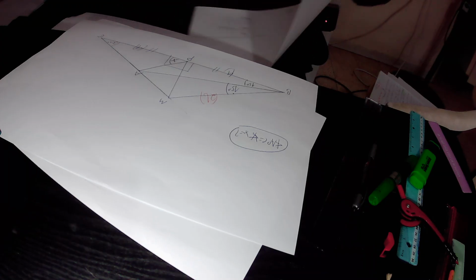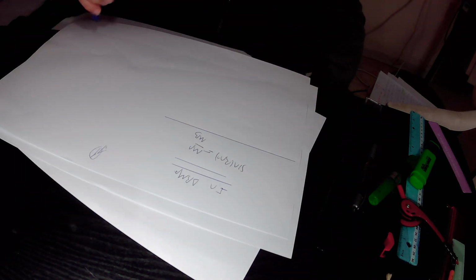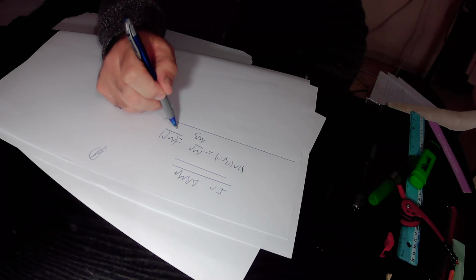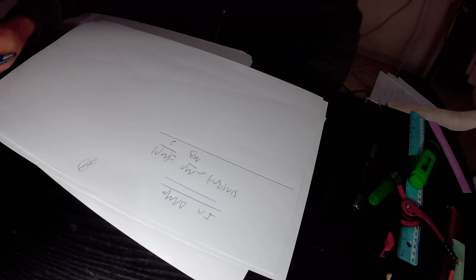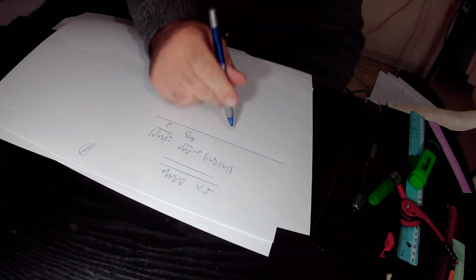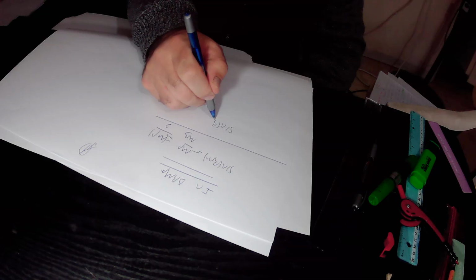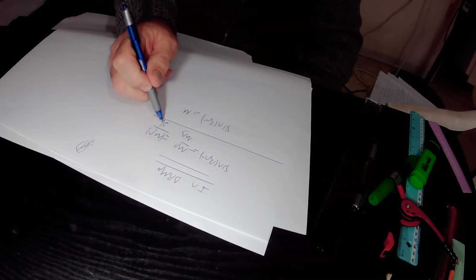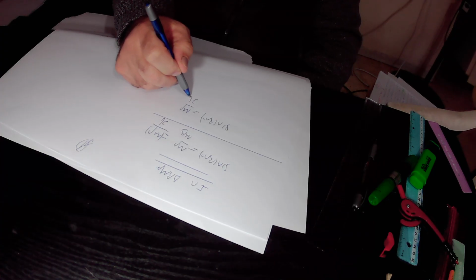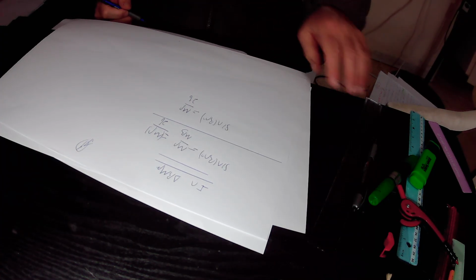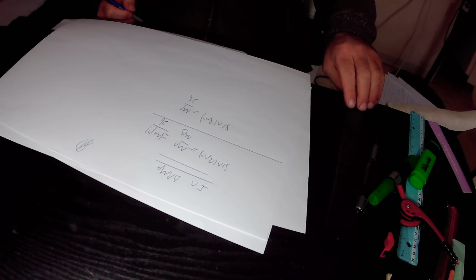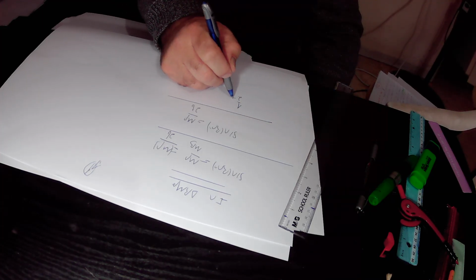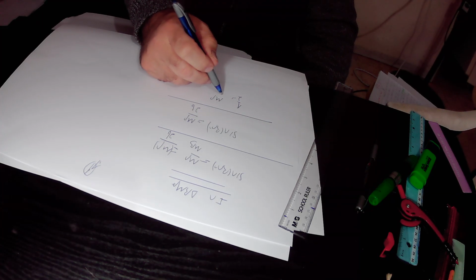So sine of 30 degrees equals MP over MB. MB is 2B. So in total we find that sine of 30 degrees equals MP over 2B. Sine of 30 degrees is 1/2, so we substitute sine of 30 degrees by 1/2. So 1/2 equals MP over 2B.